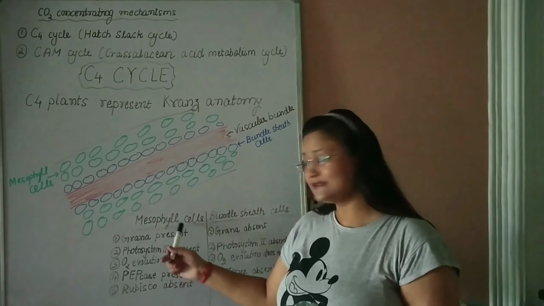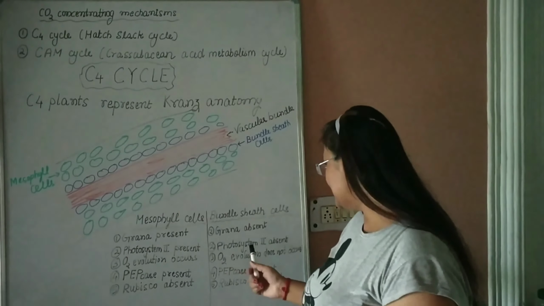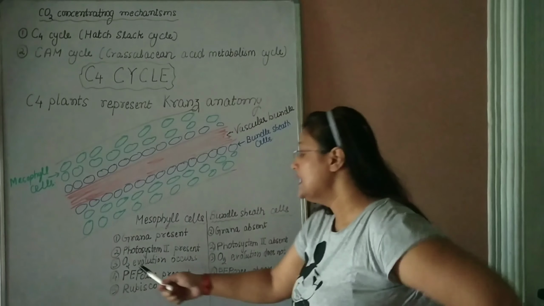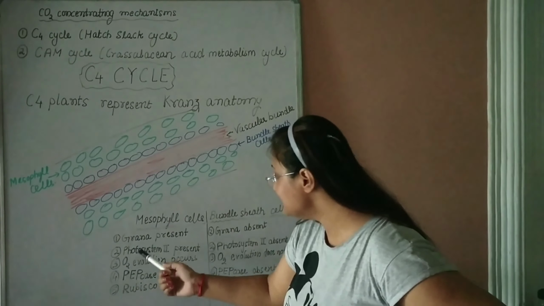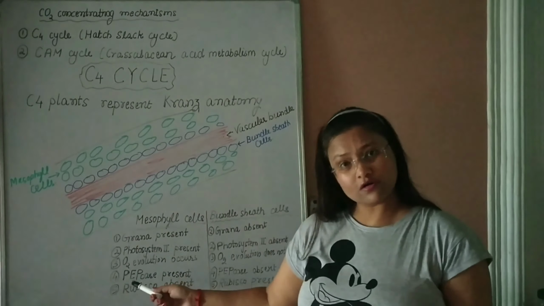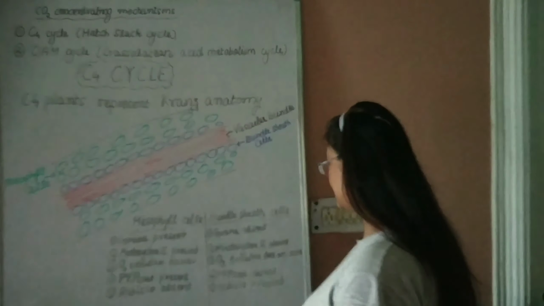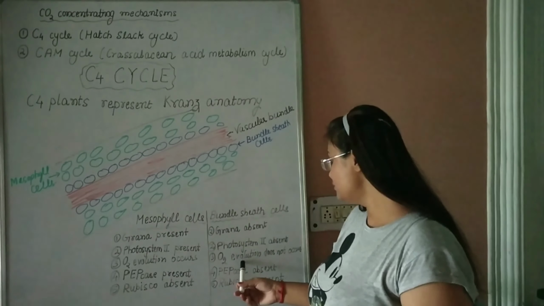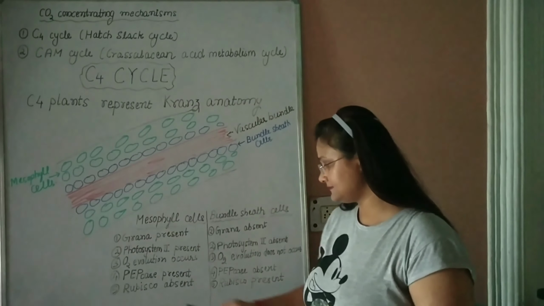Photosystem II is present in mesophyll cells, but in bundle sheath cells, photosystem II is absent. Now, in mesophyll cells, O2 evolution, that means oxygen evolution, will occur. But in bundle sheath cells, O2 evolution does not occur.